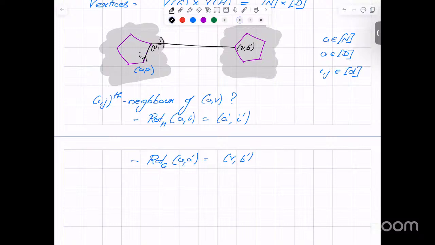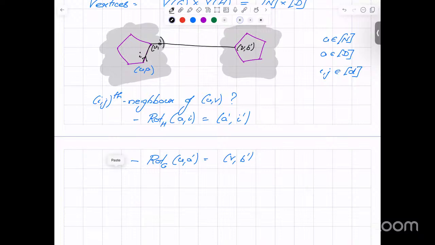Notice that this step did not involve any choice of which address to go to. Once you've done the first step, this is a deterministic step. What I mean is you don't need to know which edge you are on. Once you're at (u, a'), there's only a unique thing you can go to, which is (v, b'). You don't need to look at i and j to do this. Then you take the step.